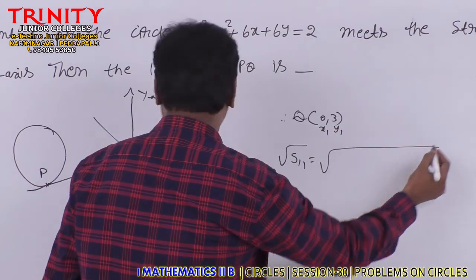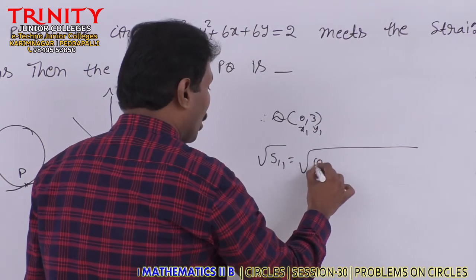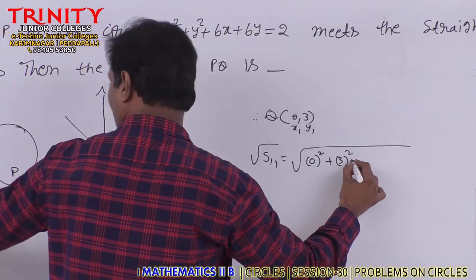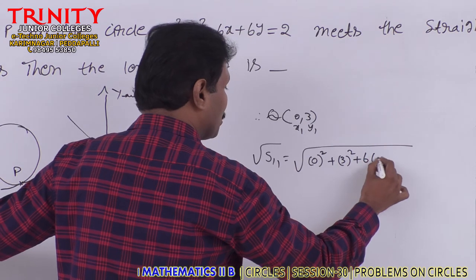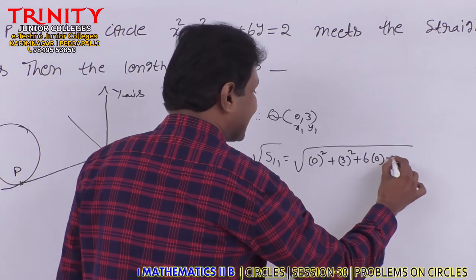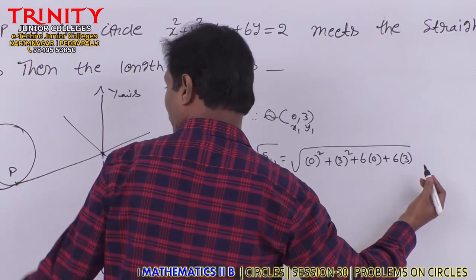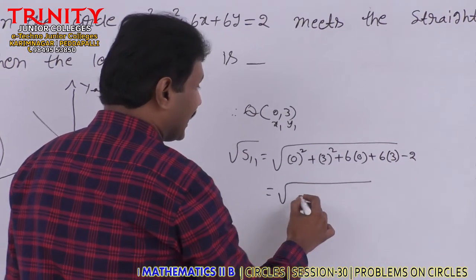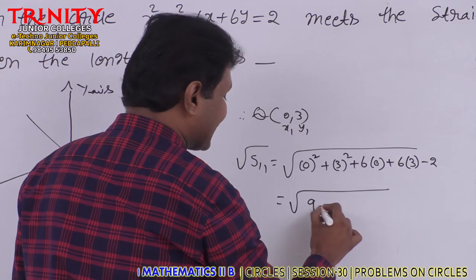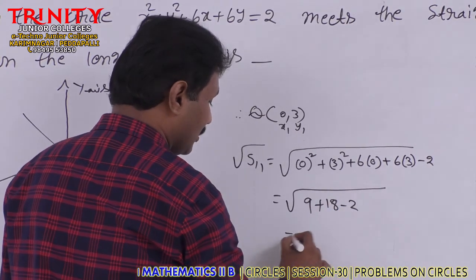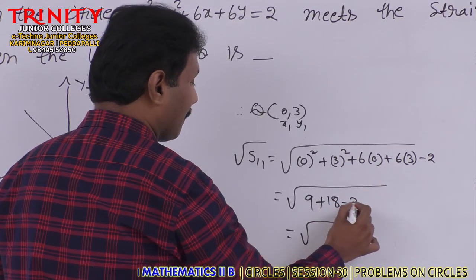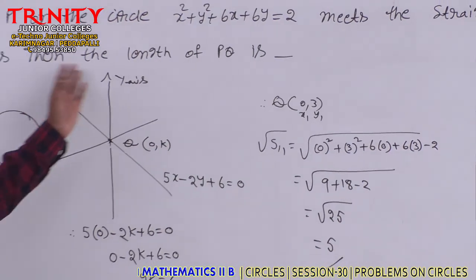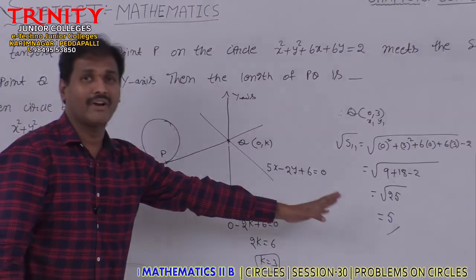That equals square root of 0 square plus 3 square plus 6 into 0 plus 6 into 3 minus 2. That equals square root of 9 plus 18 minus 2, root of 27 minus 2, 25. That equals 5. Therefore, the length of PQ is 5 units.